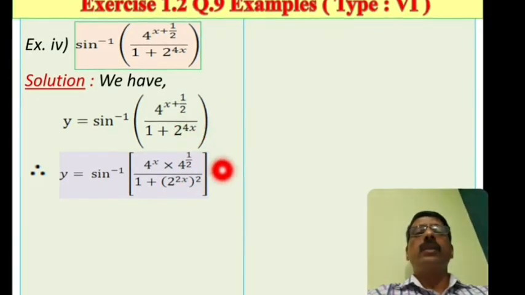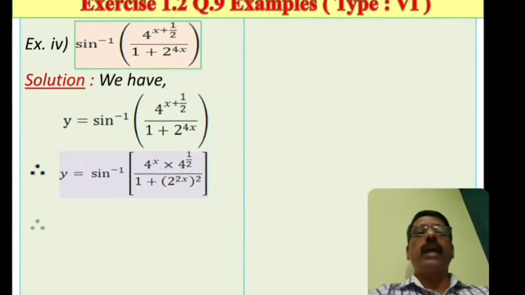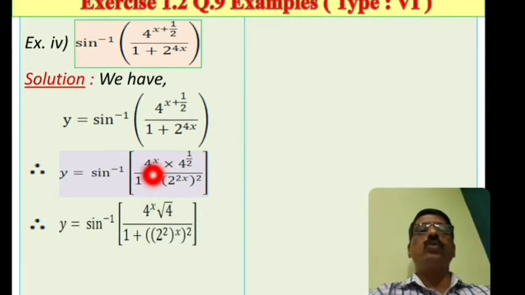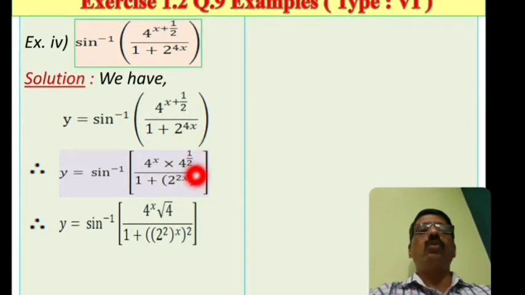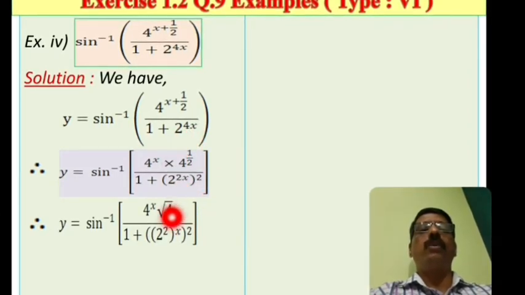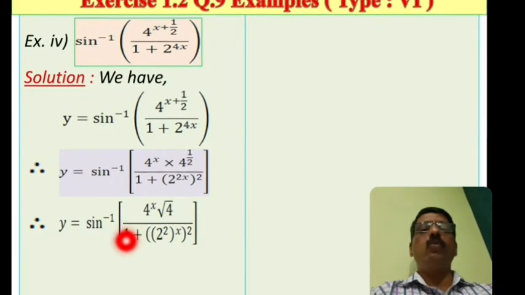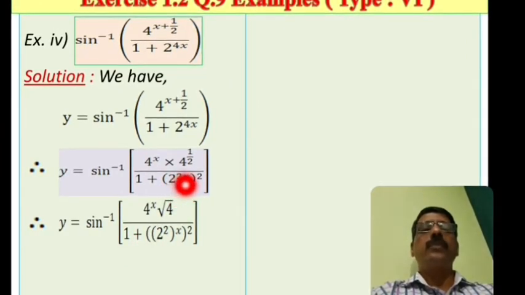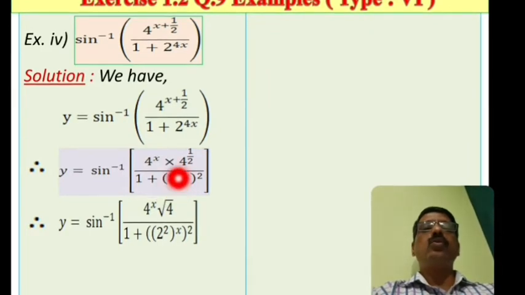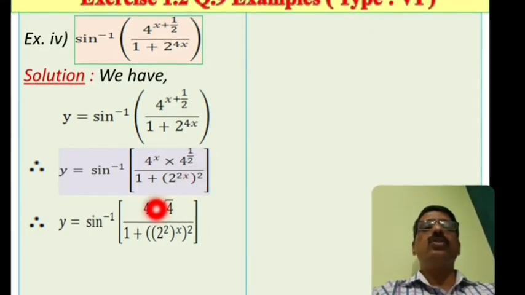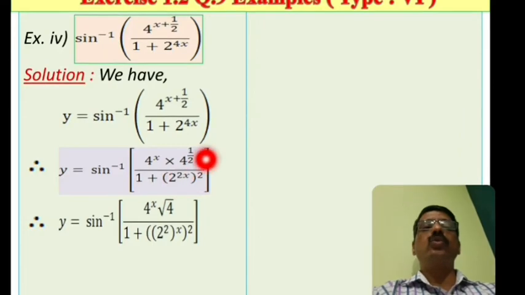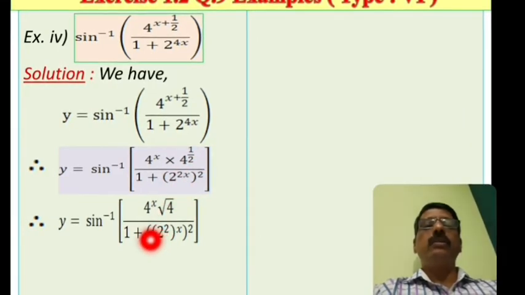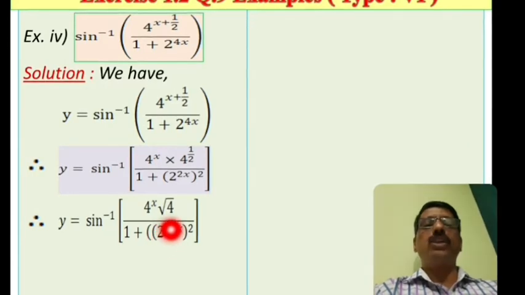Okay, and therefore we can get y equal to sine inverse of, again we know that 4 raised to x into 4 raised to 1 by 2, that means root of 4, divided by 1 plus, again here is 2 raised to twice x, again a raised to m into n, that is a raised to m bracket raised to n, and therefore it can be written as 2 raised to 2 bracket raised to x.